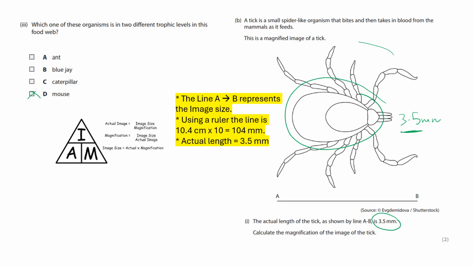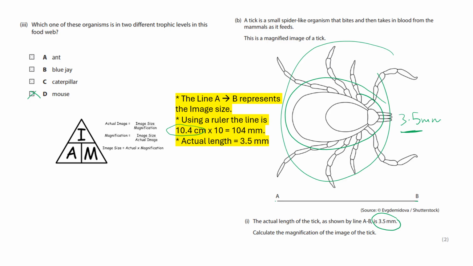However, this over here is our drawing. So we need to measure our drawing, which is from point A to point B. Using your ruler, you are going to get approximately 10.4 centimeters. You have to convert that to millimeters, so times 10, which gives you 104 millimeters.